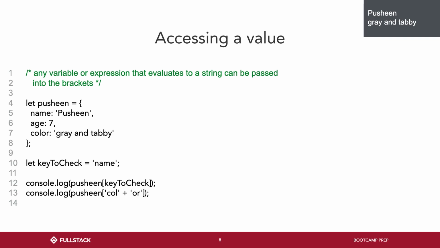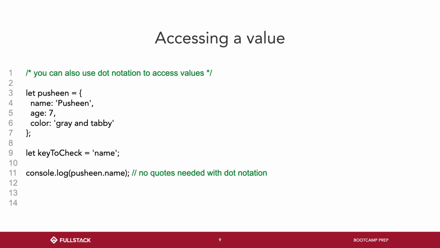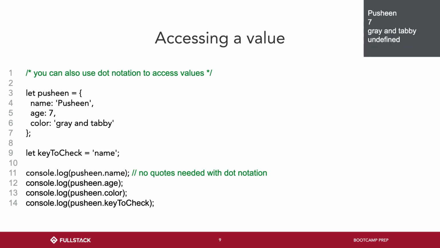Okay, so let pushing equal the object that we've all been using, and then we say let key to check equal name. So let's say dot name, dot age, dot color, dot key to check. We don't have to put quotes in here, but when we do dot key to check, we get undefined.